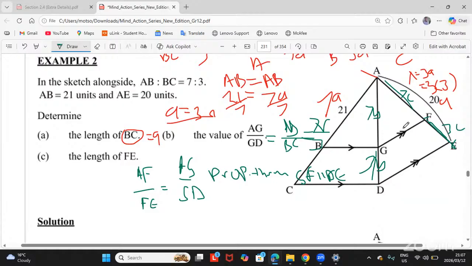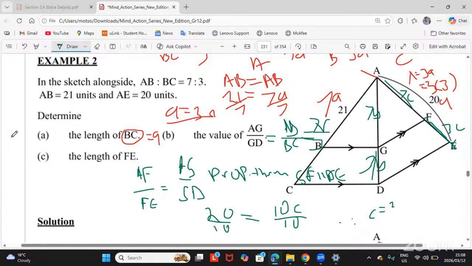Look. When you look here, AC in terms of the length is 20, right? Then AC in terms of the ratios is 7C plus 3C, which is going to be 10C. You solve for C, divide by 10, divide by 10. Therefore, my C is equal to 2.